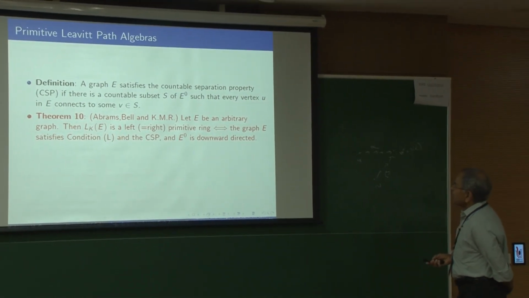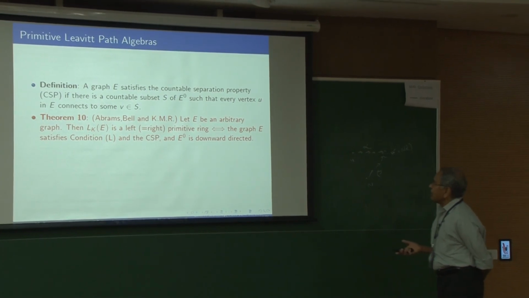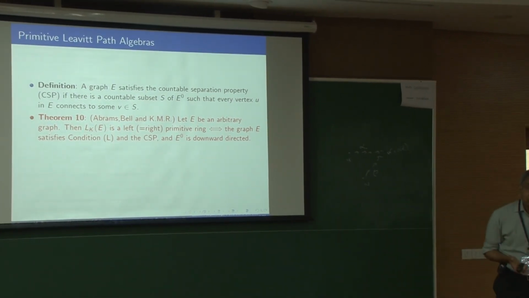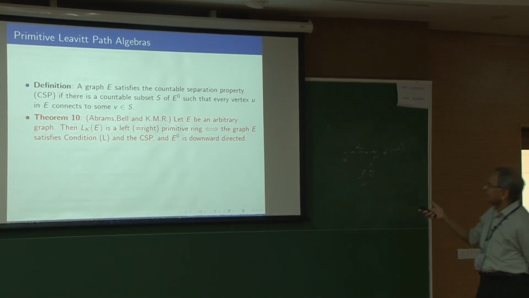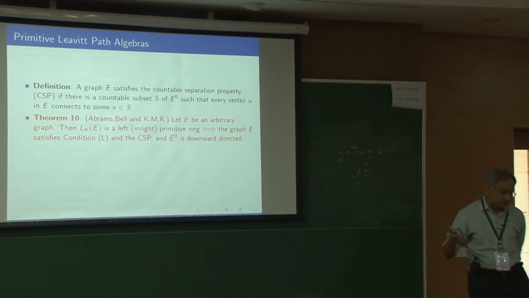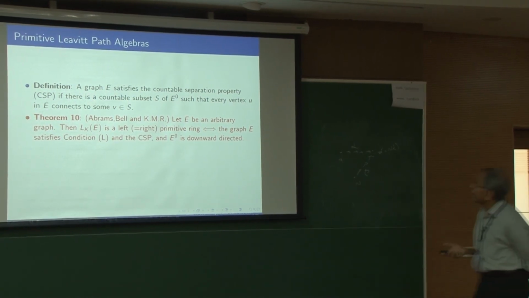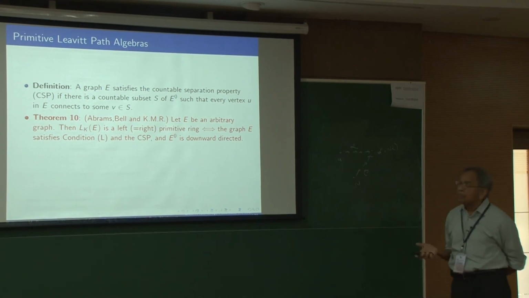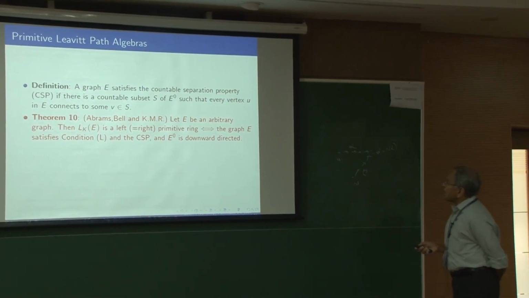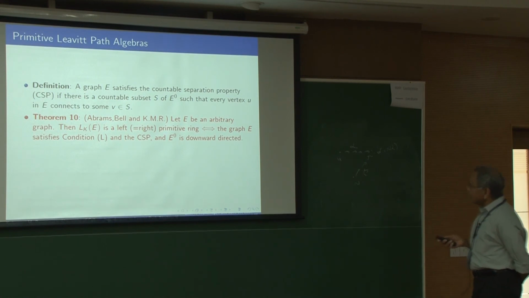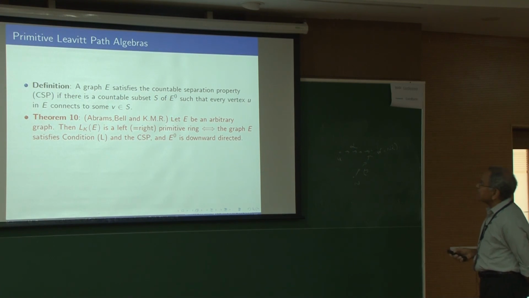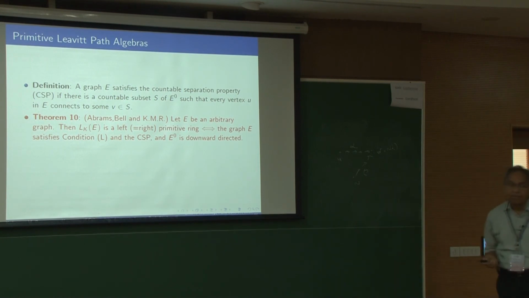Let me describe when the path algebra is a primitive ring. I mention this going into details here because you see how this helps to answer one of the difficult questions we had earlier on complexity. A graph is said to have the countable separation property if there is a countable set of vertices so that every vertex u connects to some vertex in this subset.